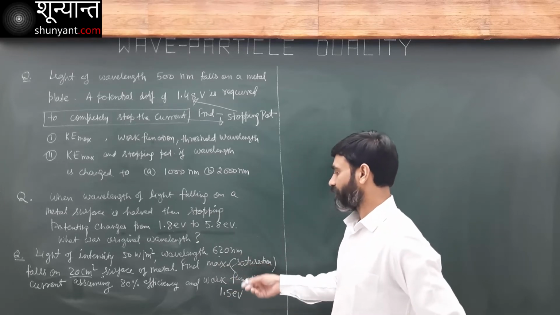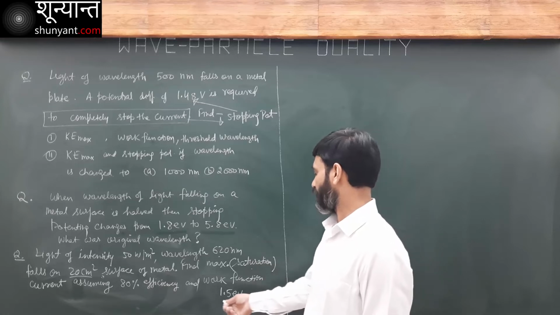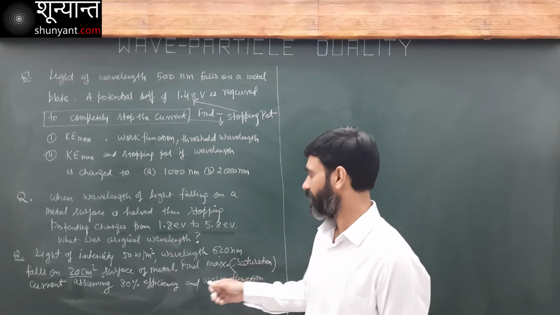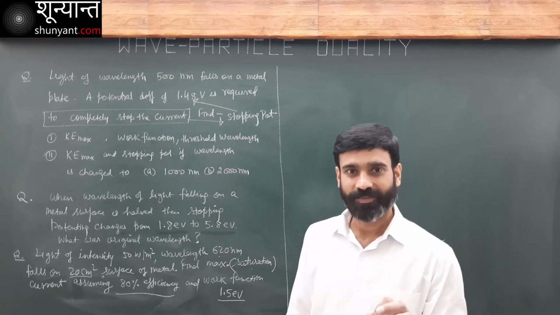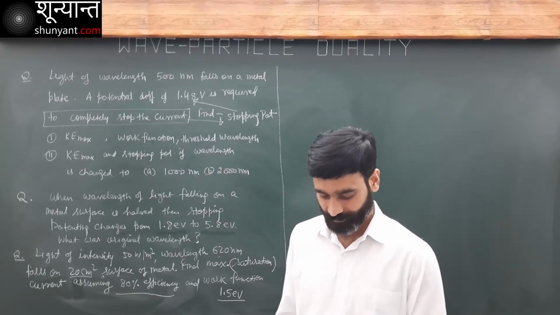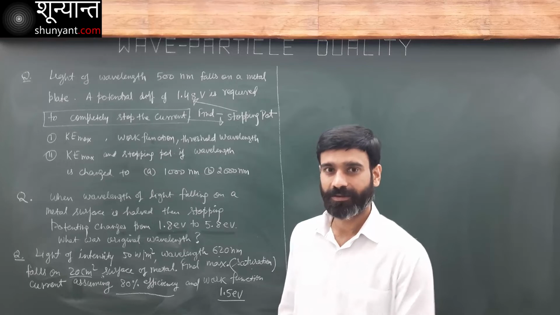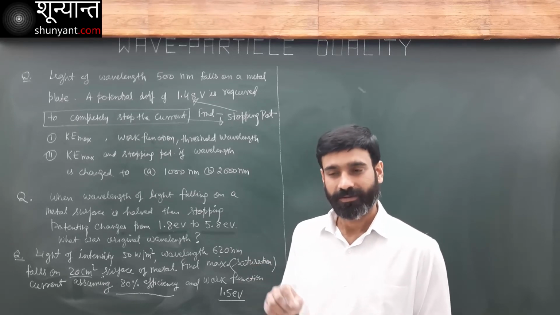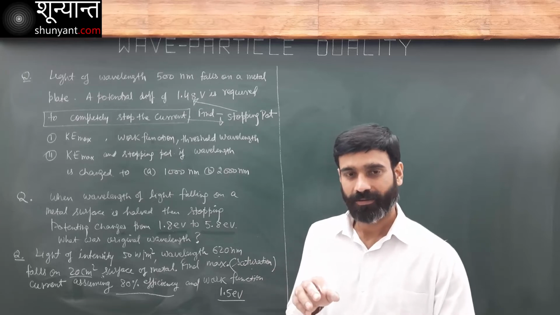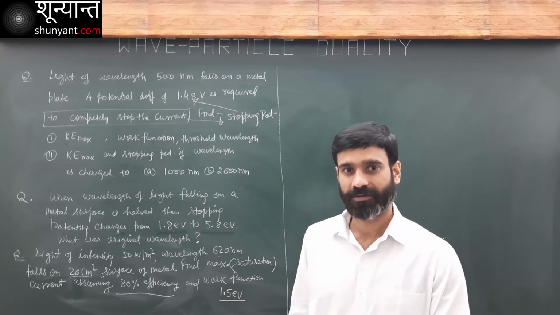Assuming work function is 1.5 electron volt and 80% efficiency. What is the meaning of 80% efficiency? If 100 photons are incident, they should emit 100 electrons.